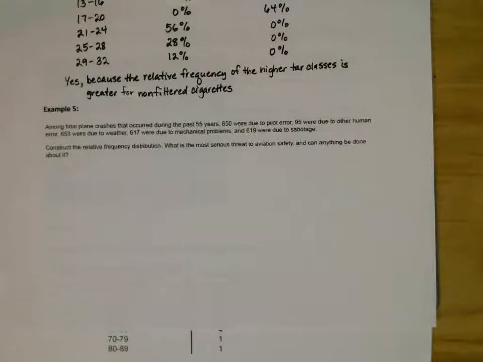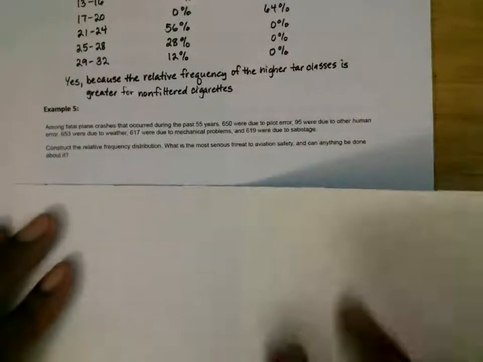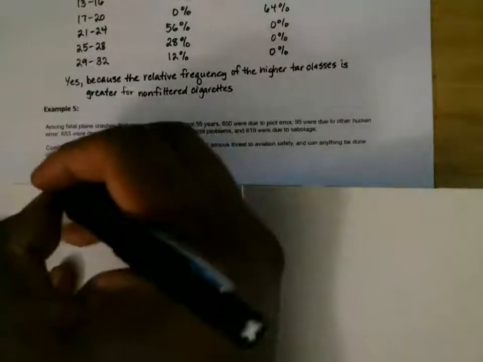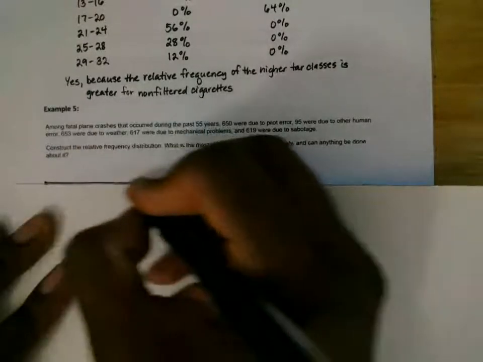Construct the relative frequency distribution. What is the most serious threat to aviation safety, and can anything be done about it? Okay, so let's start off with that relative frequency distribution.